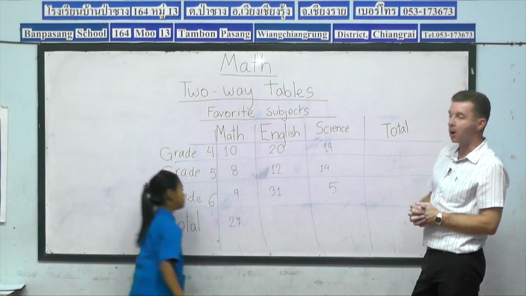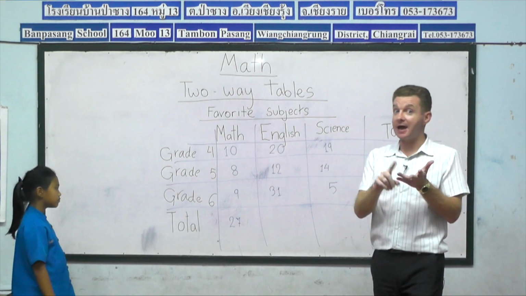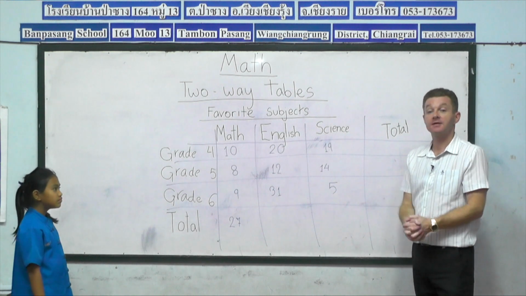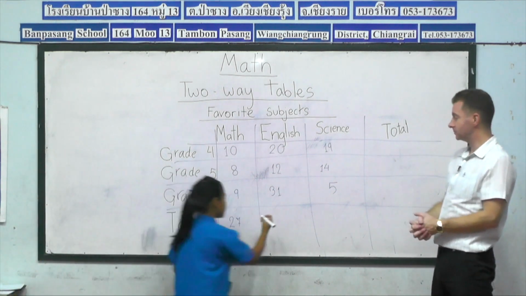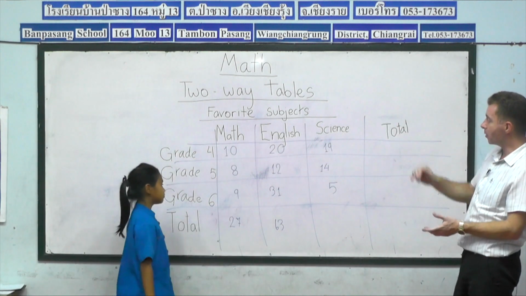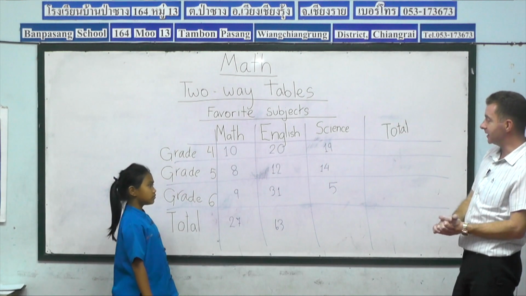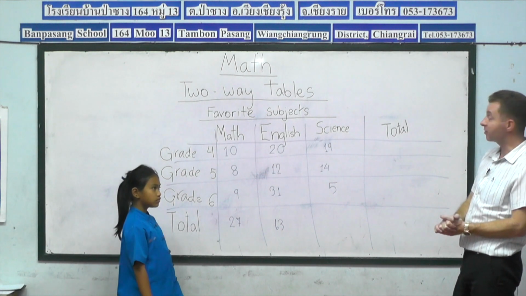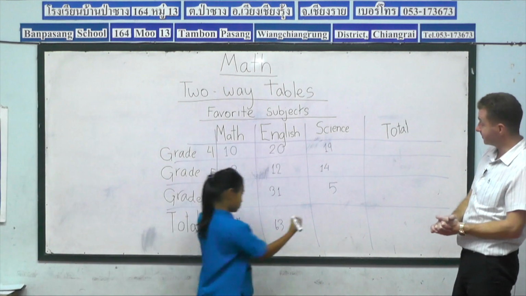Now, how many people in grades 4, 5 and 6 have English as their favorite subject? 63, well done. You see, each time we're just adding them together. But how about science? 19 plus 14 plus 5. 38 is correct.